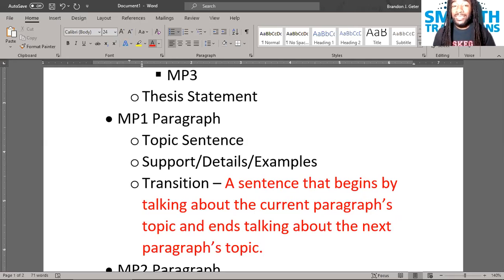Creating a good transition is a creative thing, and you should learn to have fun with it. This kind of transition is an advanced kind of transition.